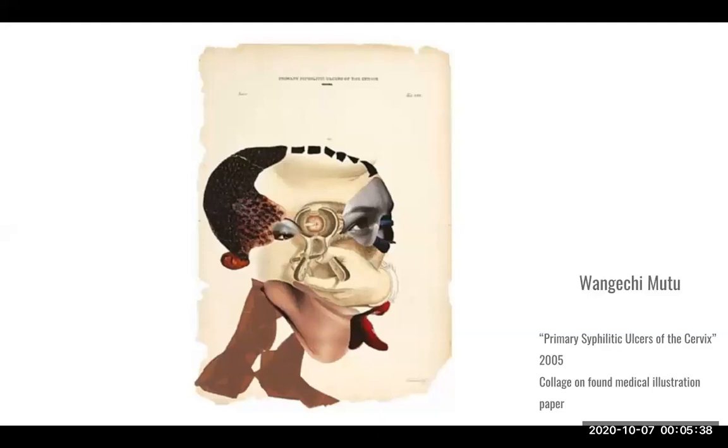Mutu likes to conflate gender, race, and art history within her work. A lot of the time she's talking about how American influence on African culture is insidious, and how it can be quite invisible.